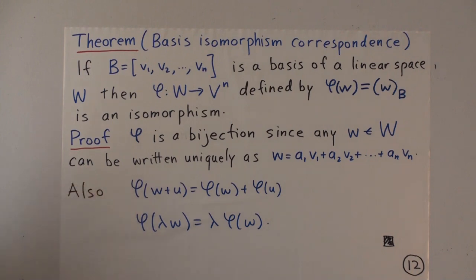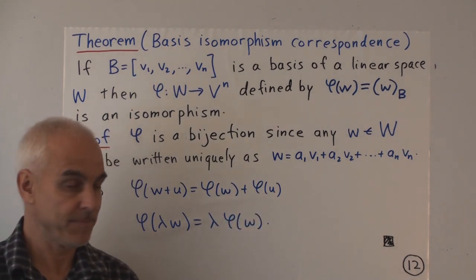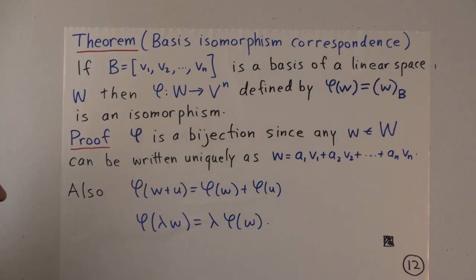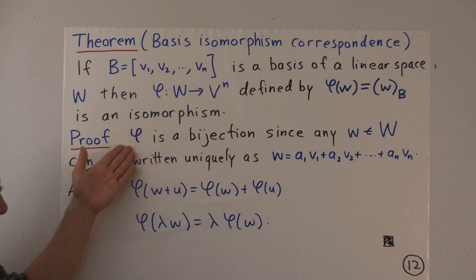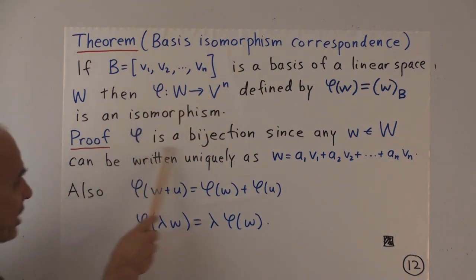Okay, so just a sketch of the proof. Why is this a bijection? Remember, an isomorphism means that it's got to be a bijection, and it's got to have the linear properties. We have to convince ourselves that phi is actually a bijection, so that it's surjective and injective, and that it respects the basic linear structure in the two spaces. So why is it a bijection?